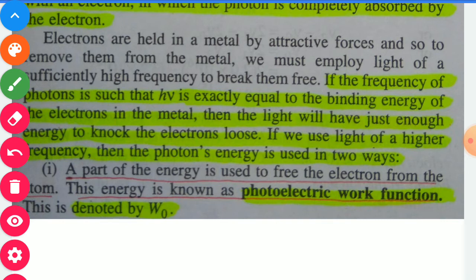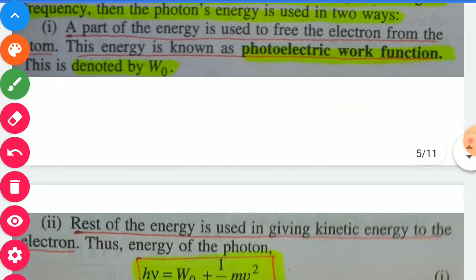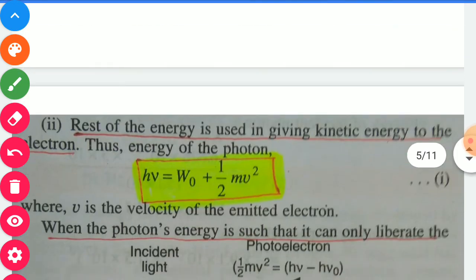At that time it is known as the photoelectric work function, indicated by W0. The rest of the energy is used in giving kinetic energy to the electron.